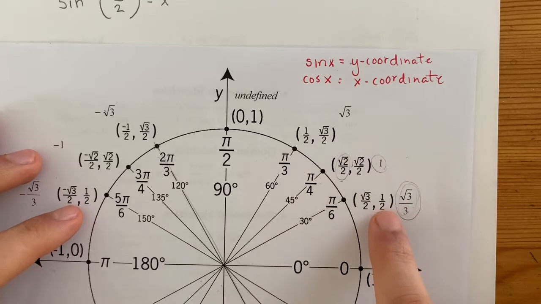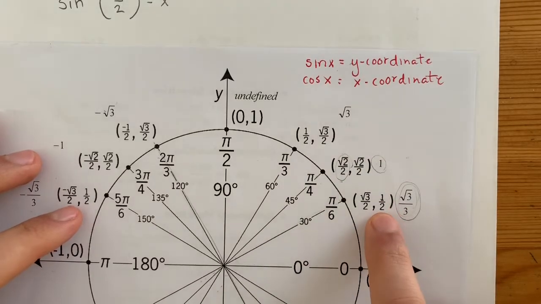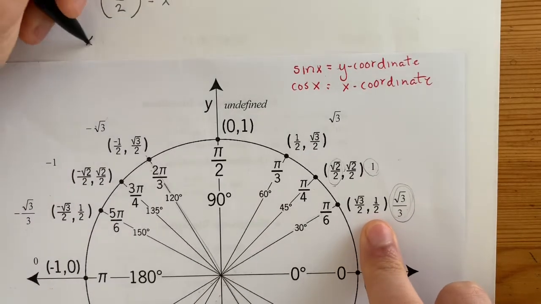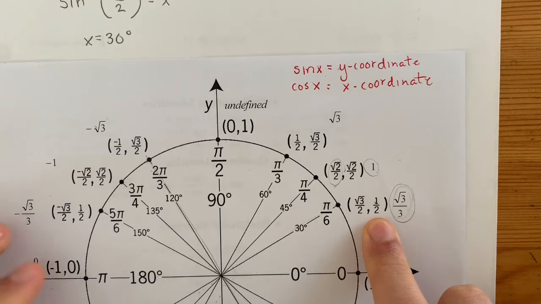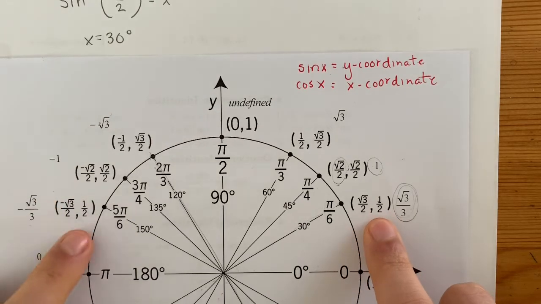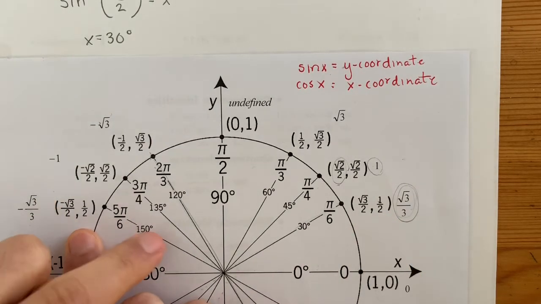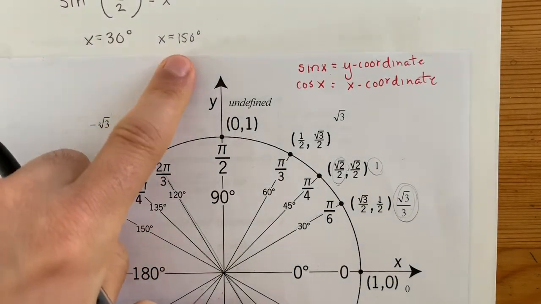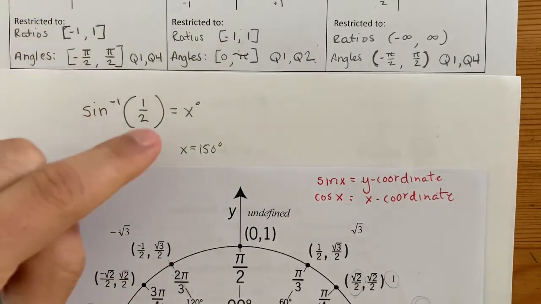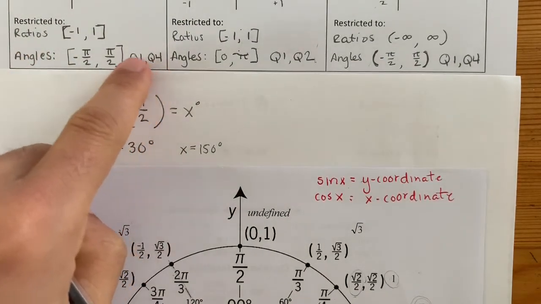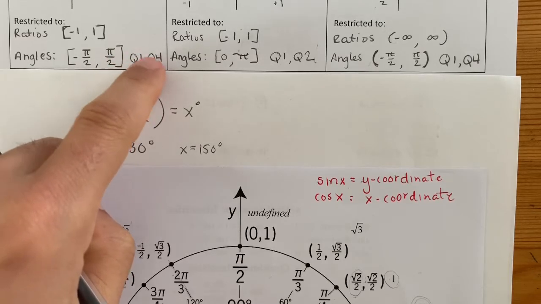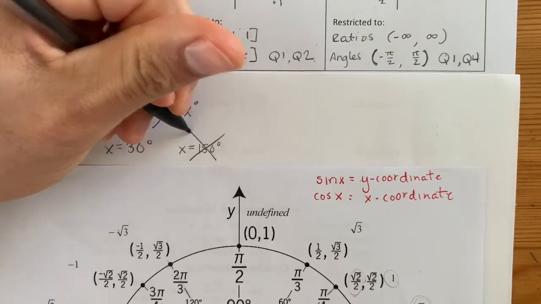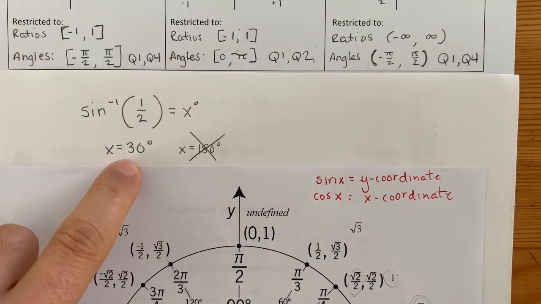That would be the y coordinates. It would be right here. So that in degrees would be 30 degrees. X would equal 30 degrees. Now there's also another time when sine is 1/2, over here, which would be 150 degrees. But if you notice, 150 is in Q2, but Q2 is not okay. Our angles have to be within Q1 and Q4. That's why on the calculator you will not get that answer, but you'll get the answer from Q1.